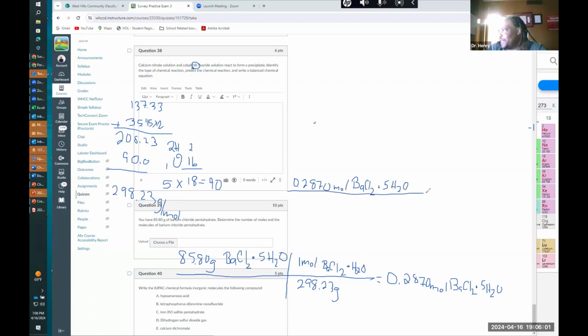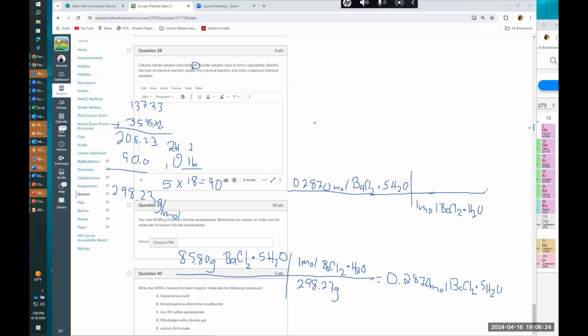Okay. So we're going to multiply that times Avogadro's number. So 1 mole is going to be on the bottom, and then Avogadro's number goes on top.